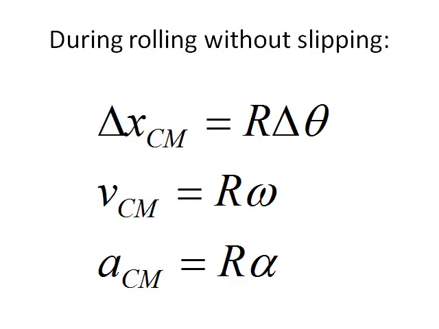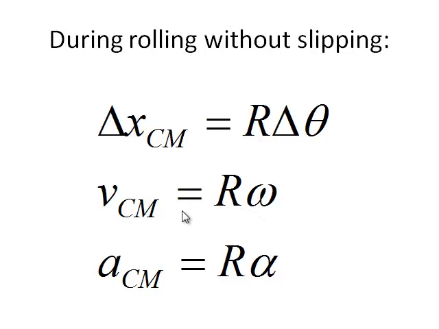We can extend this rolling constraint to talk about other translational and rotational variables. We saw on the last slide that the velocity of the center of mass is equal to r omega.